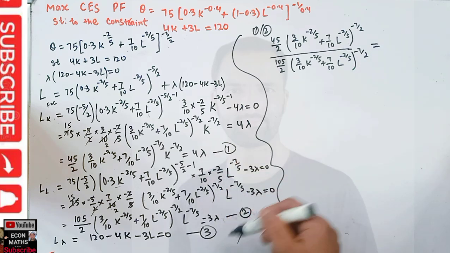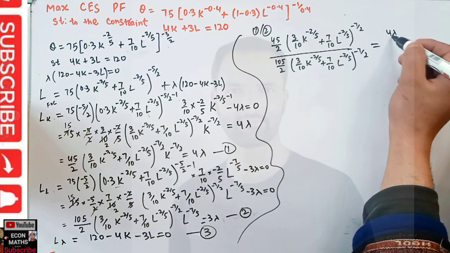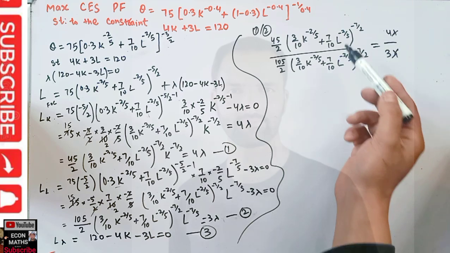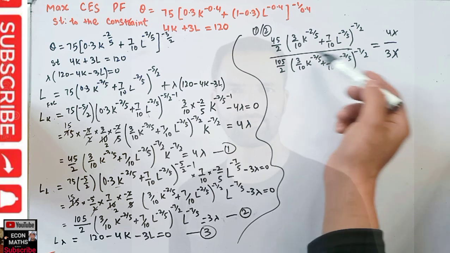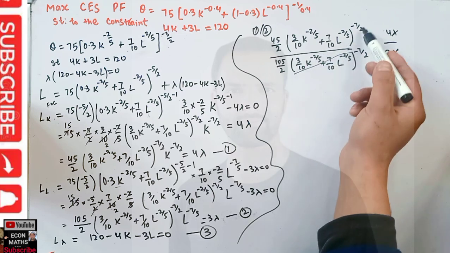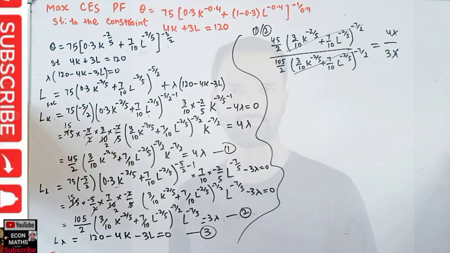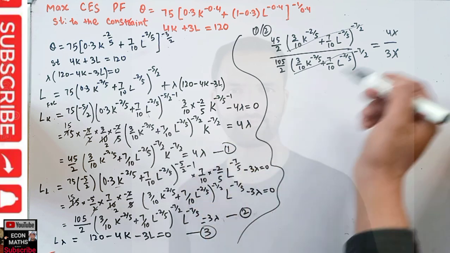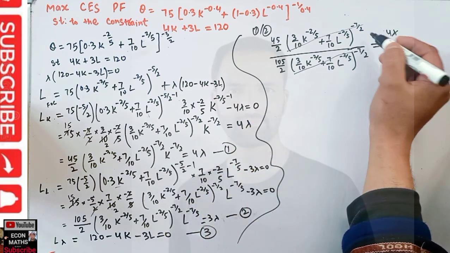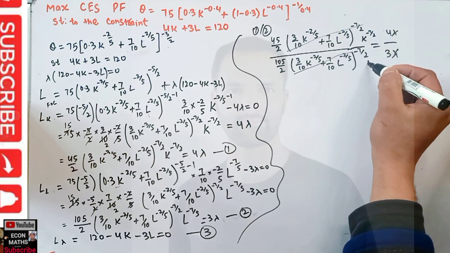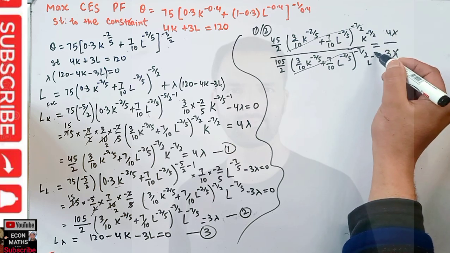We have 4 lambda and 3 lambda, so we have 4 lambda upon 3 lambda. Lambda gets cancelled. Here we can see these terms are the same, so we can cancel these very terms. Sorry, I forgot to write here this k to the power. So we have this term also, k to the power minus 7 upon 2, and here we have L to the power minus 7 upon 2.